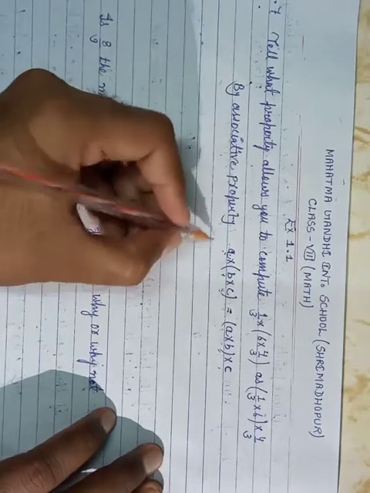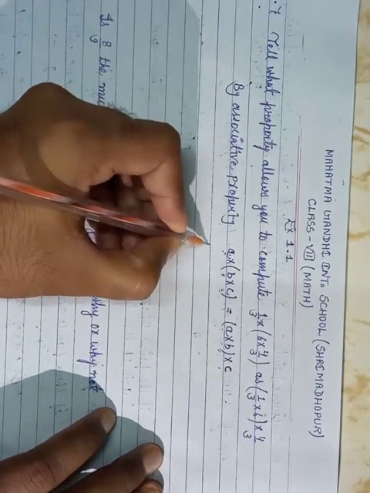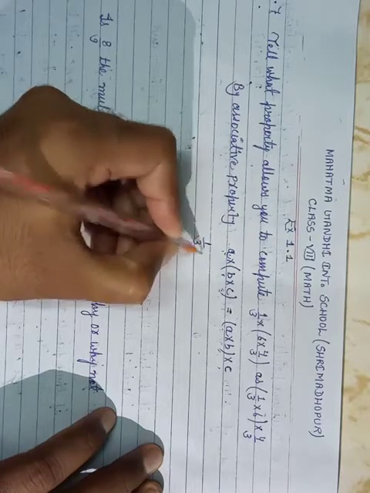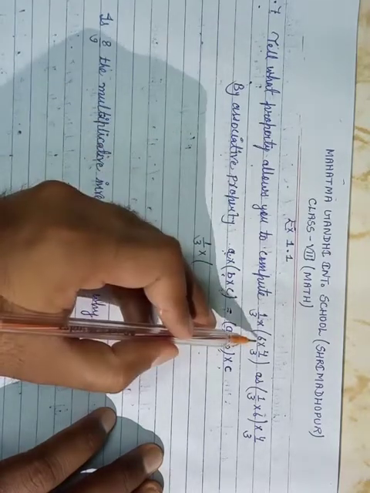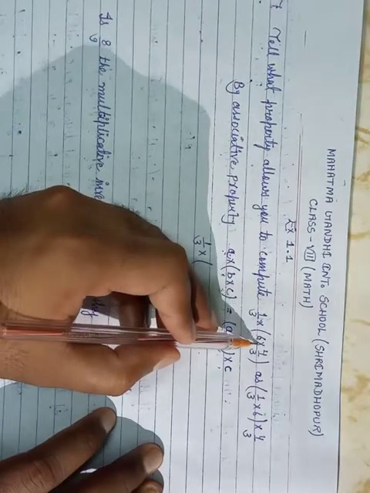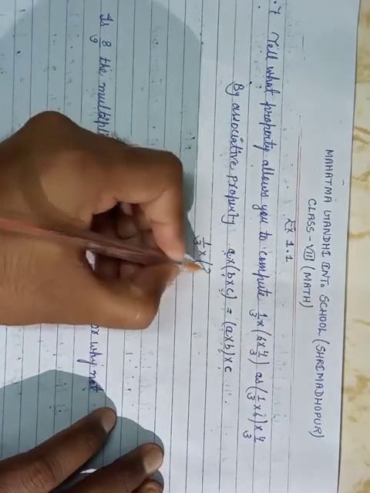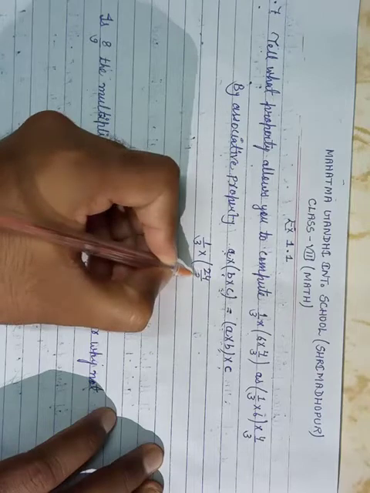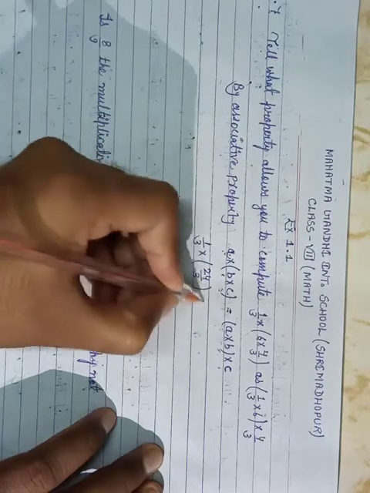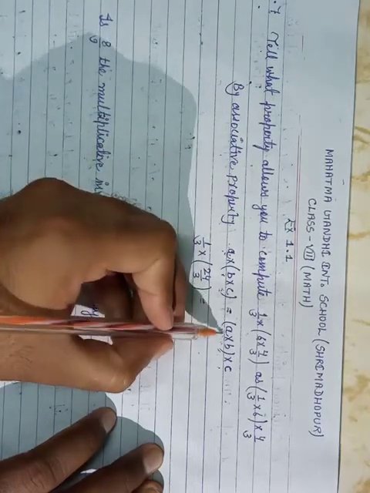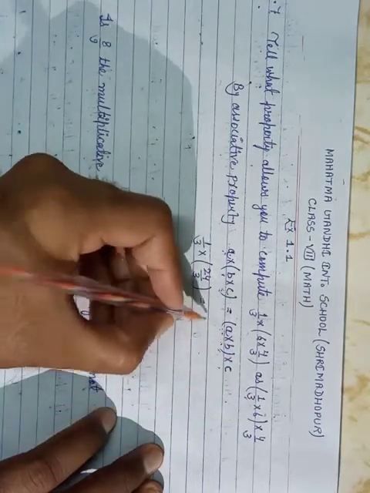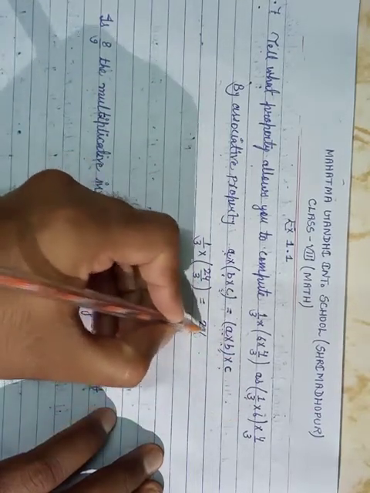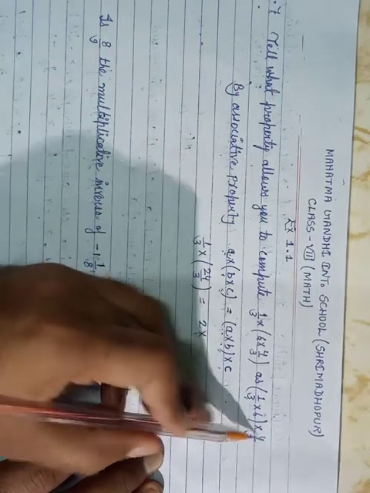You can see here 1/3 into, inside the bracket, 6 into 4/3 will be 24/3. Is that clear? Now in the second case, A into B, 1/3 into 6 will be 2, into 4/3.